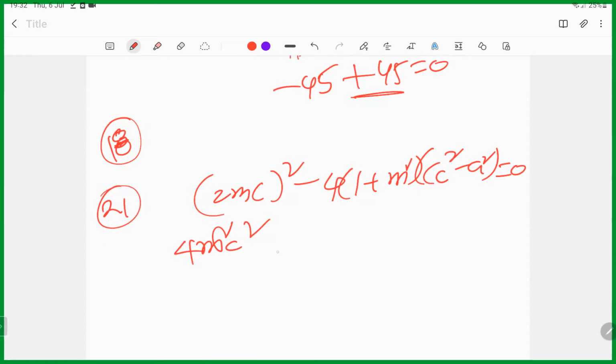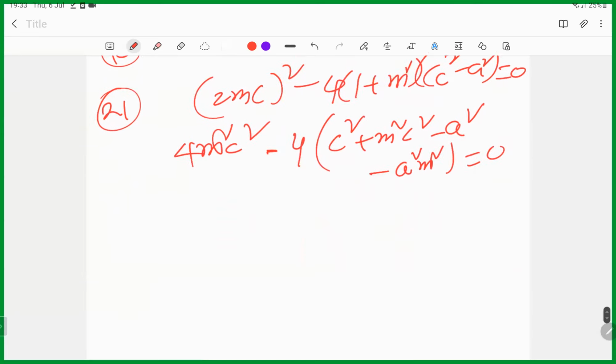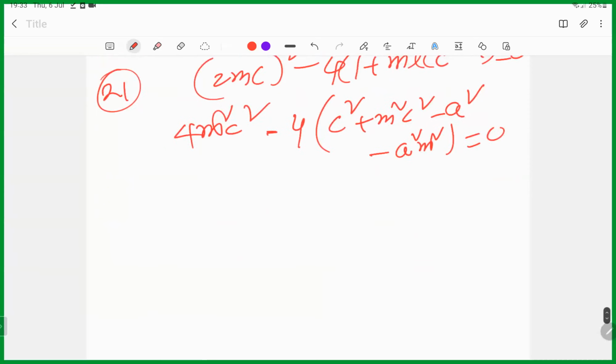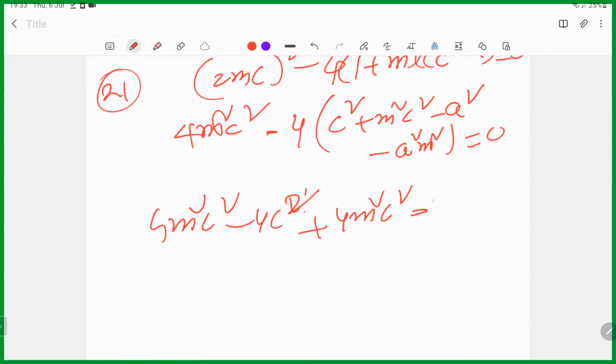So 4m square c square minus 4c square minus 4 a square minus 4 a square m square equal to 0.